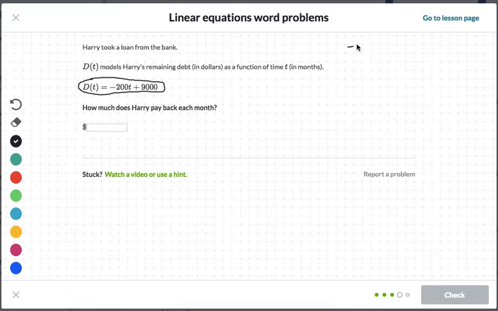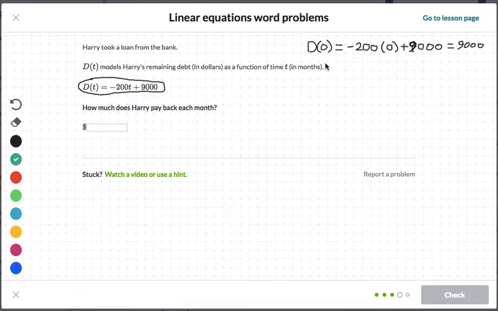So at 0 months, there is no repayment on a loan of $9,000. That's what we're looking at here. So at month 0, when Harry got the loan to begin with, he still owes $9,000.